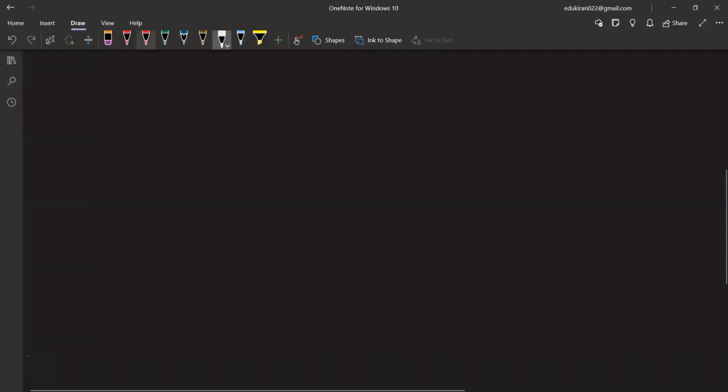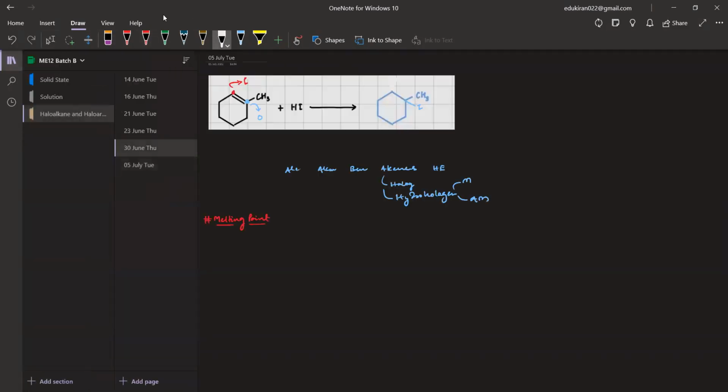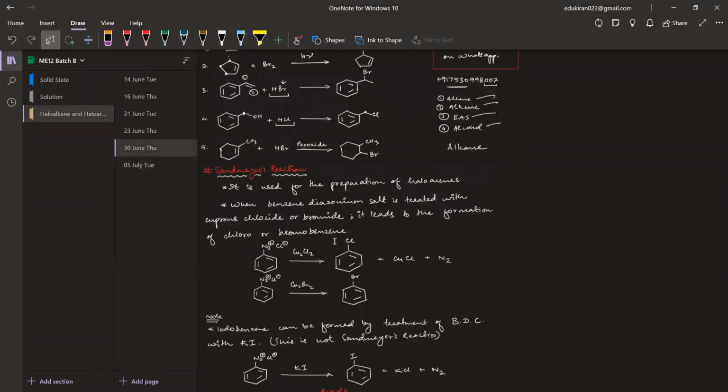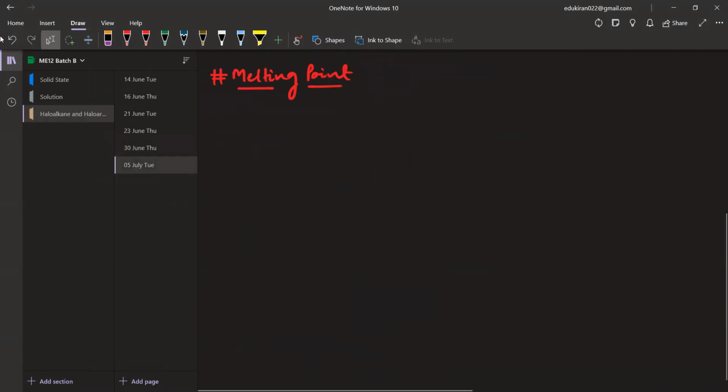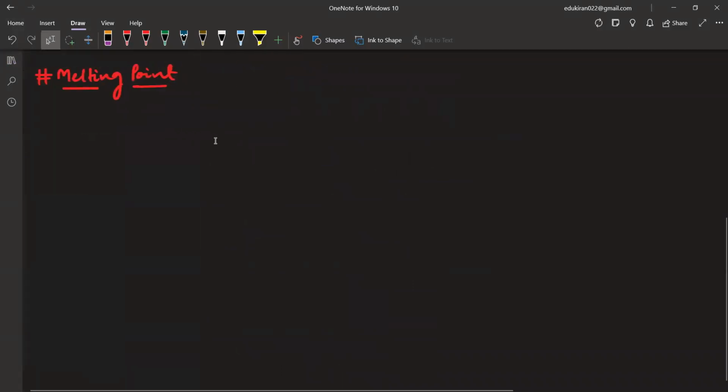Now write the topic melting point. Boiling point was completely done, right? Branching, everything was done. Okay, fine. Now write for melting point.